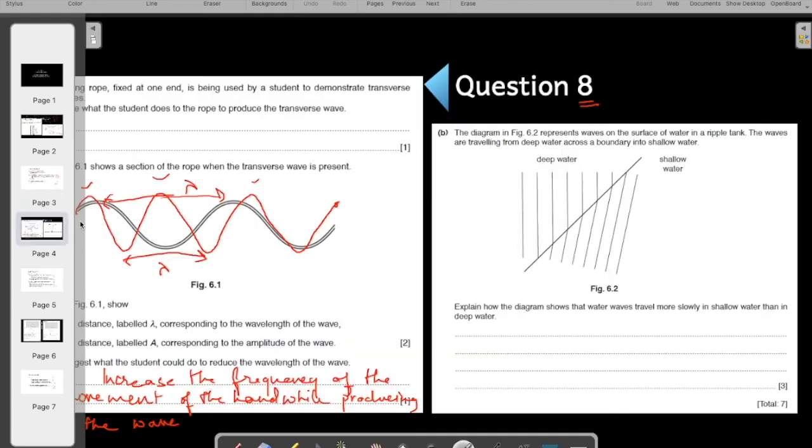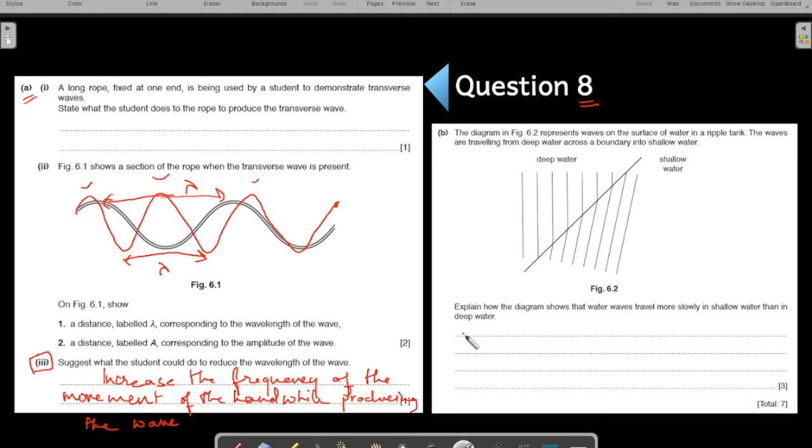Alright, easy question. The diagram here represents a wave on the surface of the water in a ripple tank. Looks like the next question is on refraction. The waves are traveling from the deep water across a boundary into a shallow water. So you have deep water on one side and shallow water on the other side.